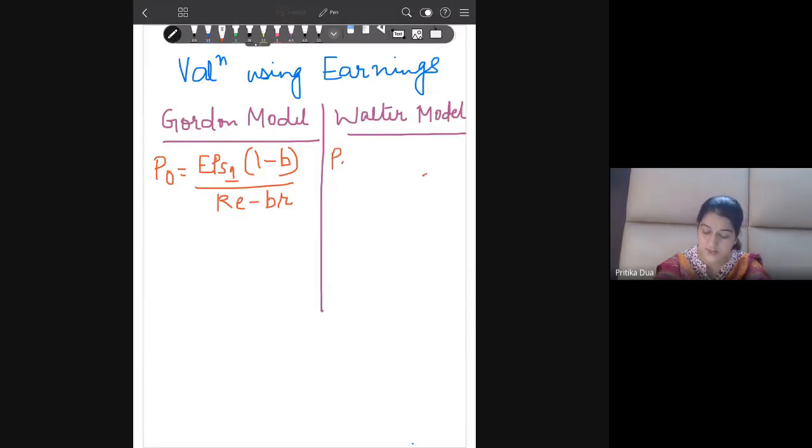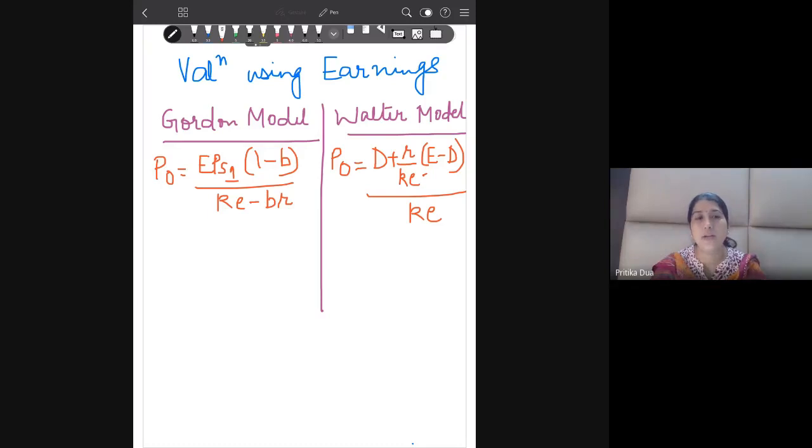Okay, so I'm just writing the formula. Please have a look at the formula, then I'll explain. We'll solve a question on this. So under the Gordon and Walter model, these were both dividend relevance models.